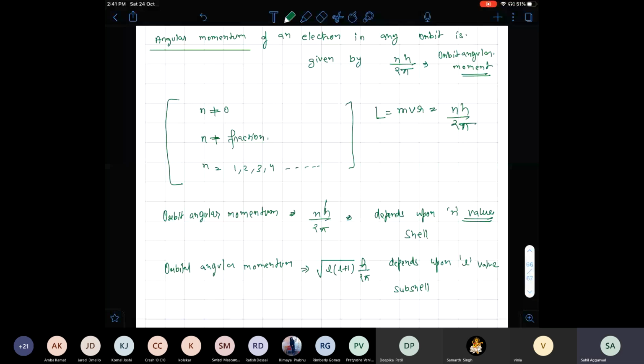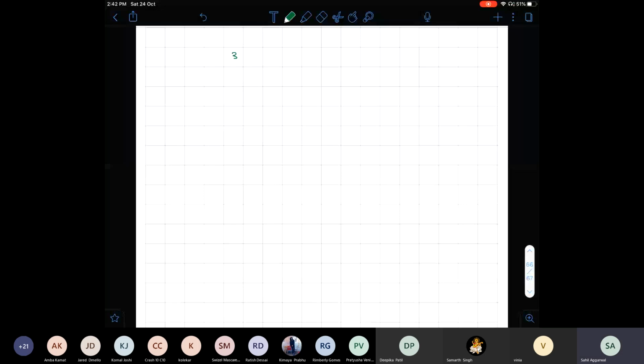एक एग्जांपल भी ले लेते हैं. Like if we have 3p subshell, उसका orbit angular momentum क्या होगा?